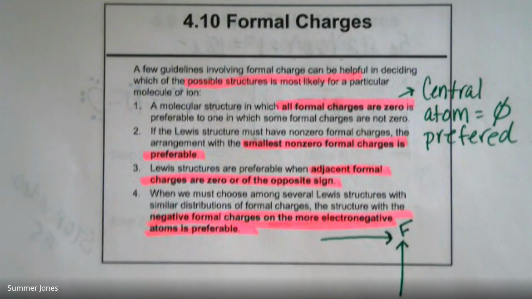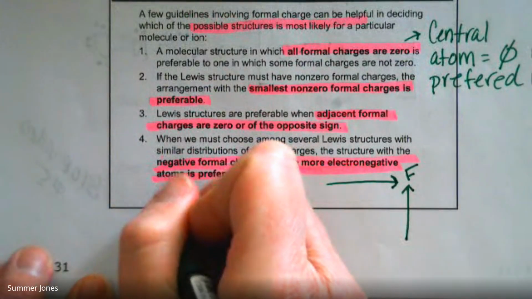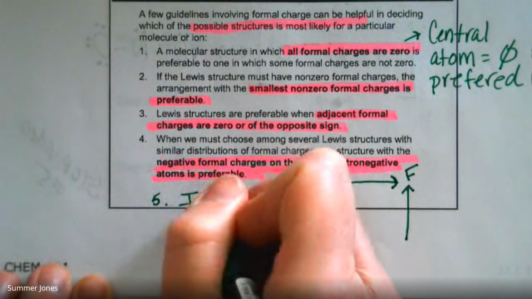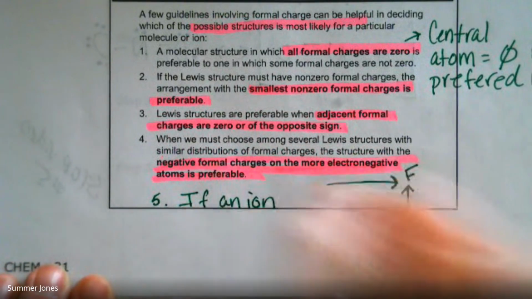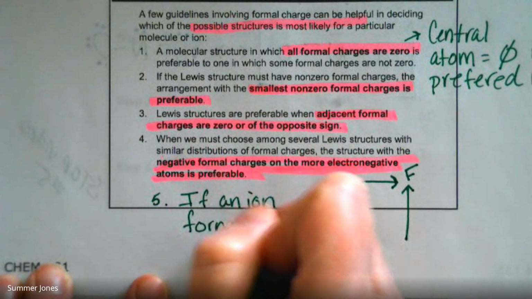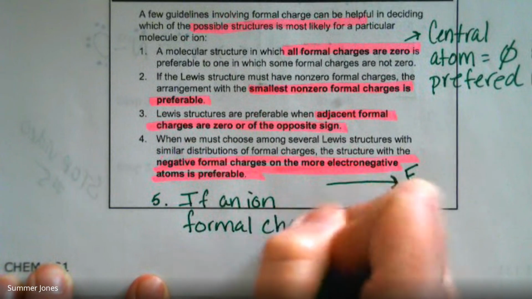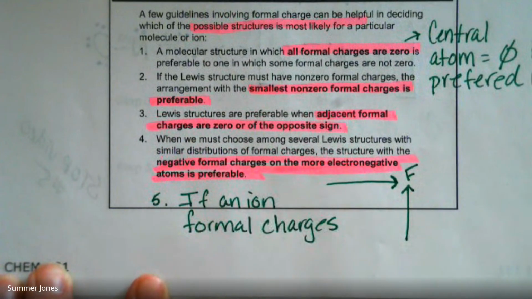Also add this, and I think it says this up here somewhere, but let's add this, 5. If you're drawing the Lewis structure for an ion, the formal charges must total the overall charge.